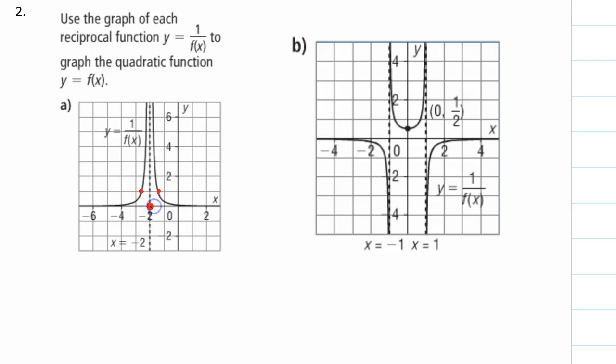So in general, I can sketch out what my parabola might look like. And there we go. So this time I'm not given a specific point, so I just have to go with my invariant points.